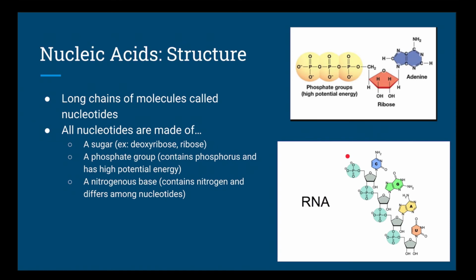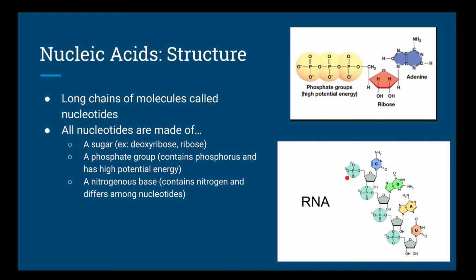So when you're looking at different diagrams, they're not necessarily going to be arranged from nitrogen to sugar to phosphate. So what you're really looking for are the elements that make up each of these rings. In phosphate groups, we're looking for oxygen and phosphorus.